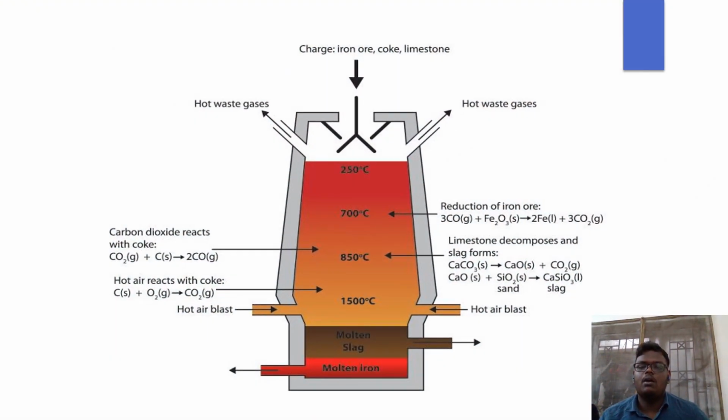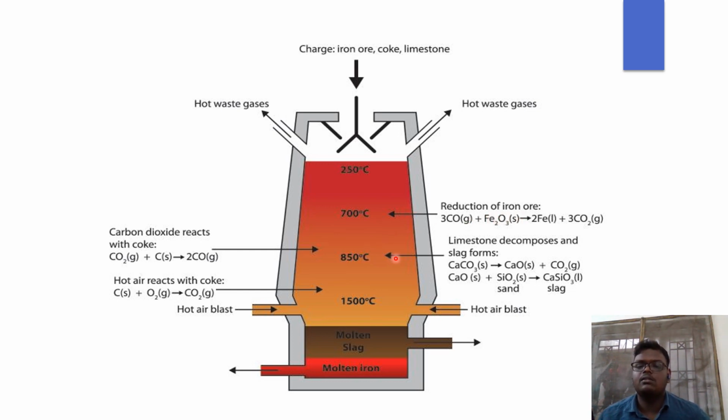Now, let's see the process which takes place inside the blast furnace. Let me show this using a pointer. At first, the iron ore, coke, and limestone are charged at the top of the blast furnace. The off-gases go out through this outlet. At 700 degrees Celsius, the reduction of iron ore takes place.